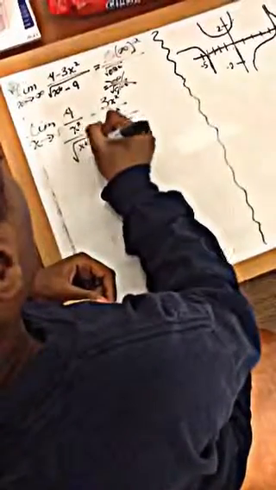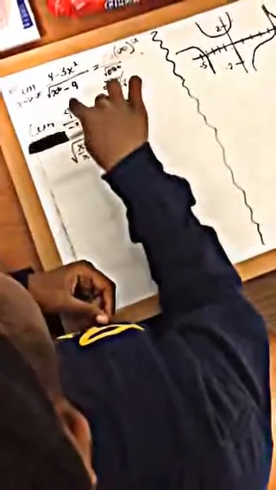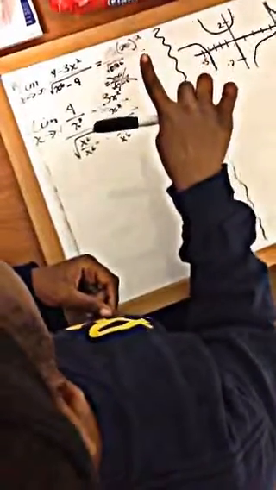Then we're going to do the same thing for the numerator, remembering to keep our radical. Now our next step is to cancel out like terms.